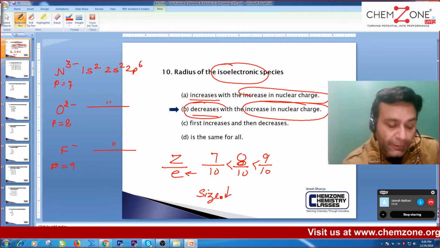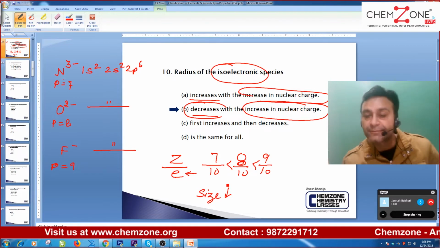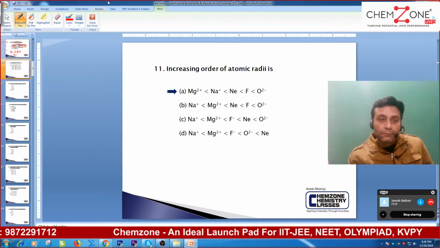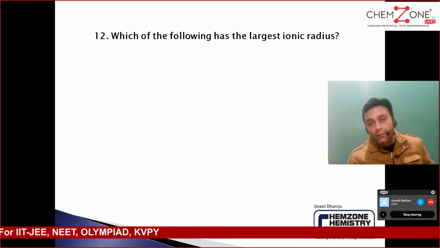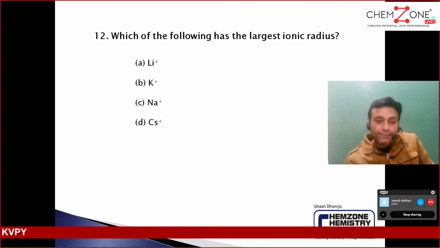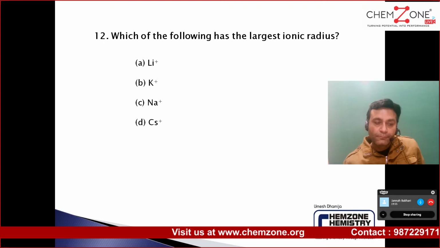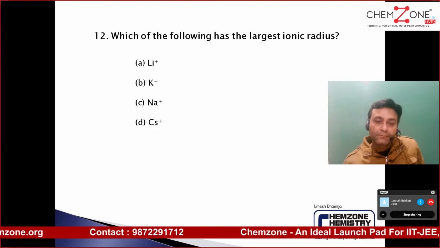Getting me? So it is the B option, the correct answer. Okay. Now this one: largest ionic radii, which would be Cs, cesium.